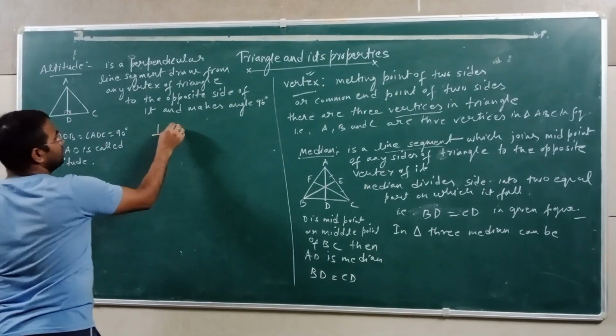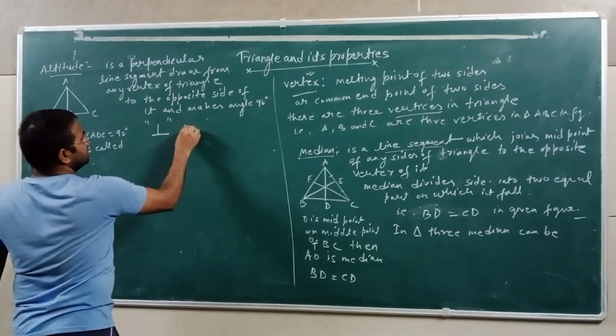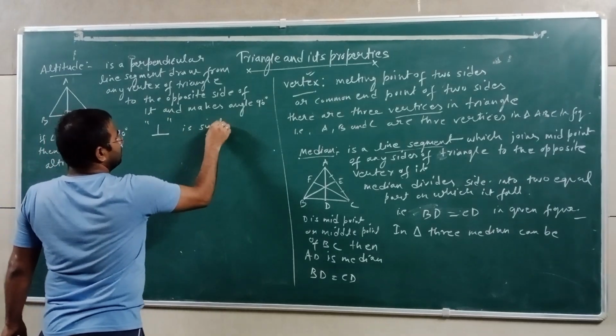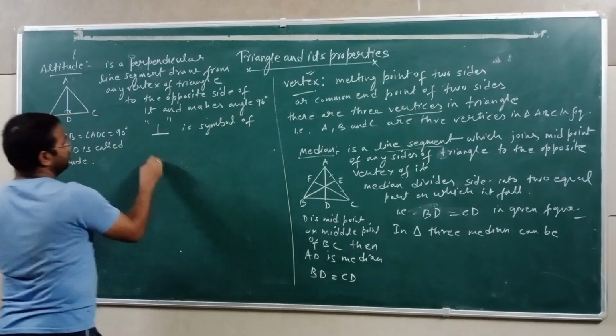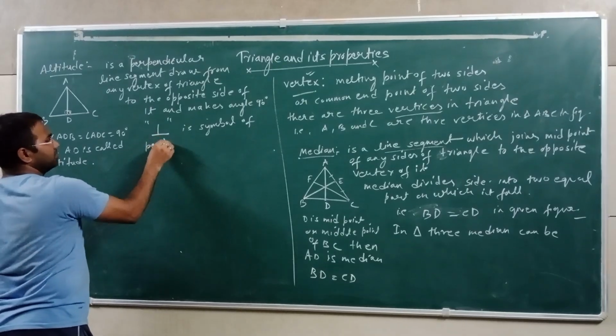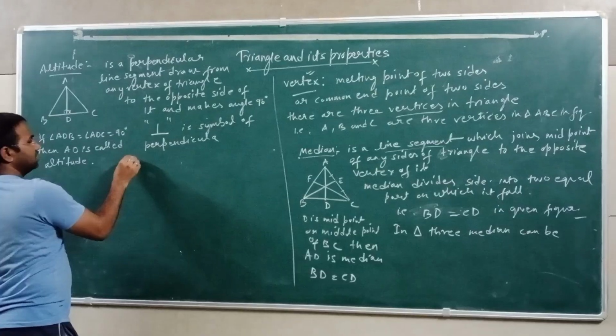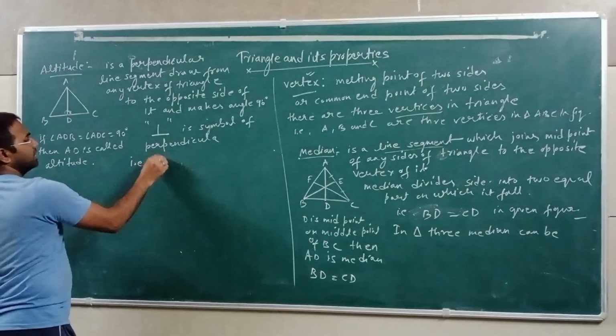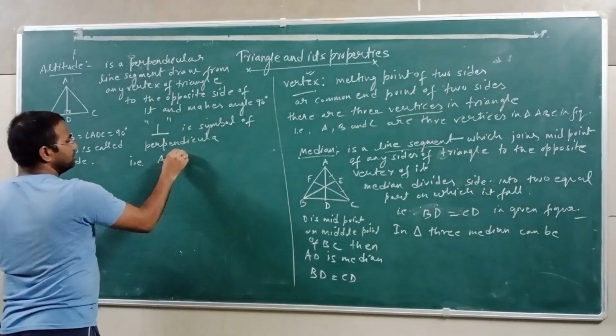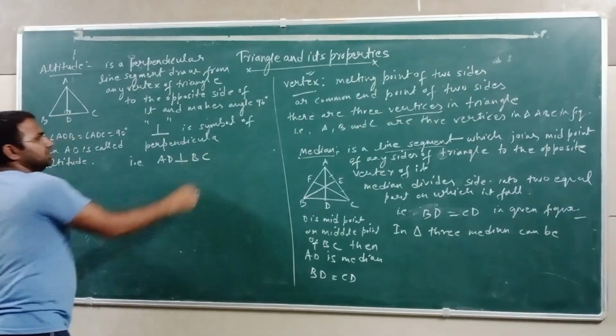This is the symbol of perpendicular. So here you can write AD is perpendicular to BC.